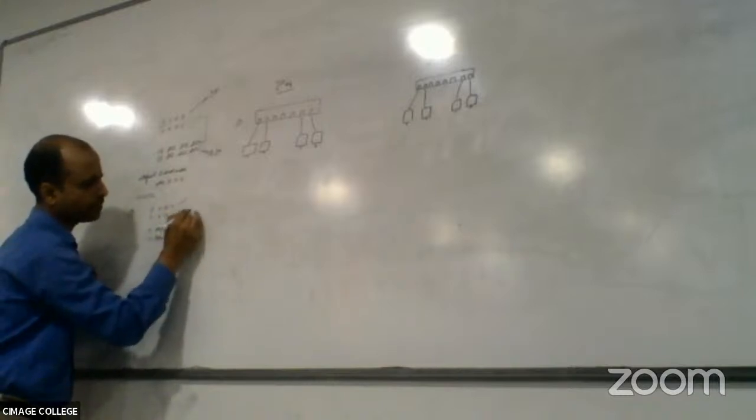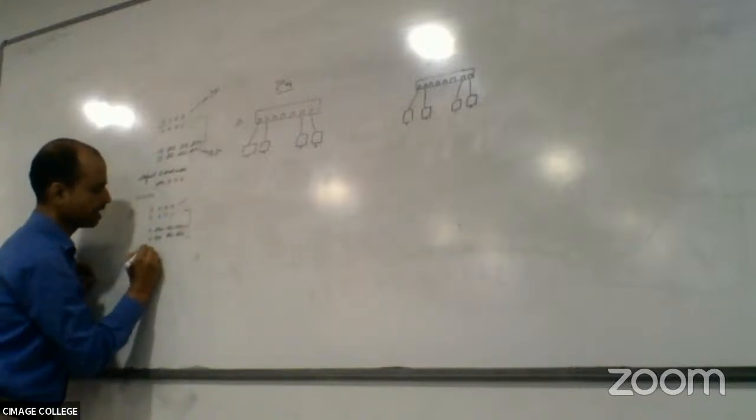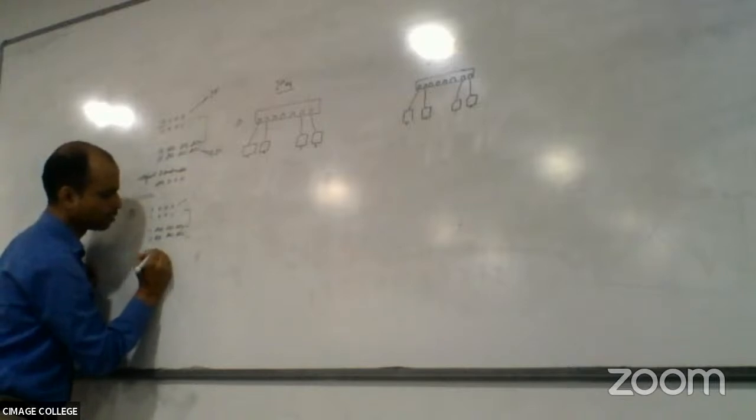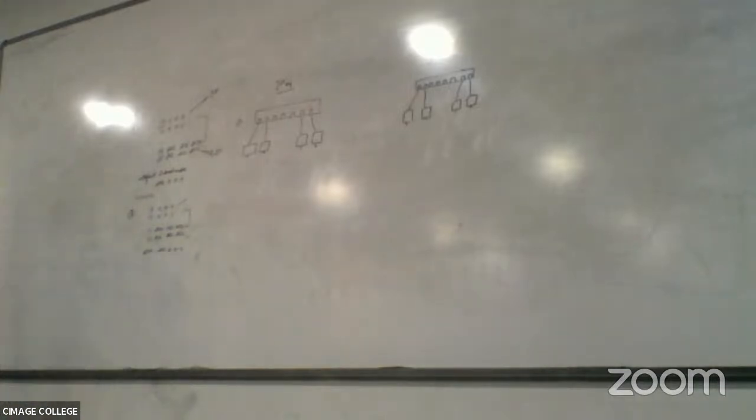Network IP, broadcast IP, valid host IPs. And subnet mask 255.0.0.0. Fine. Now these two are examples of IPv4 class A, and in class A, there are two networks. One is 10, second is 11. Is it clear to everyone?